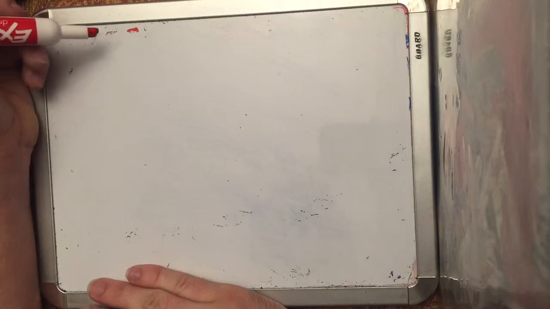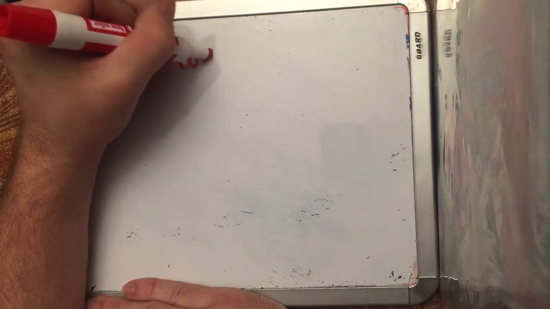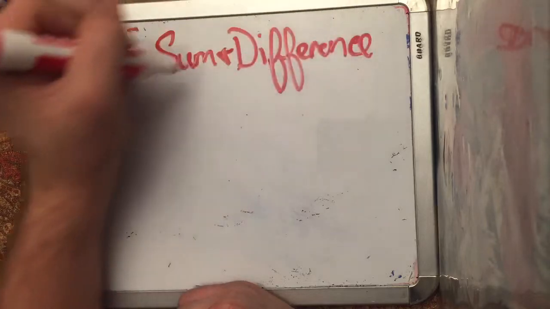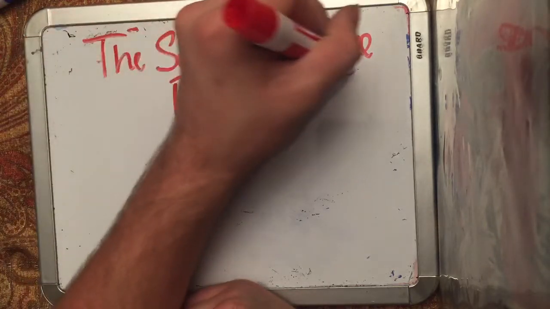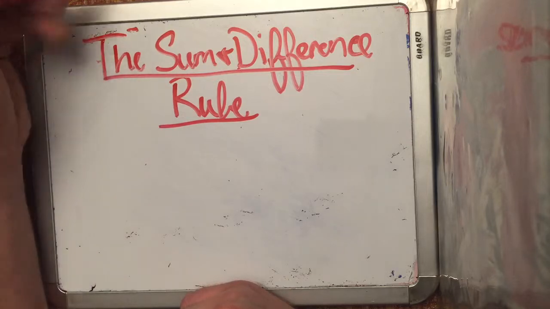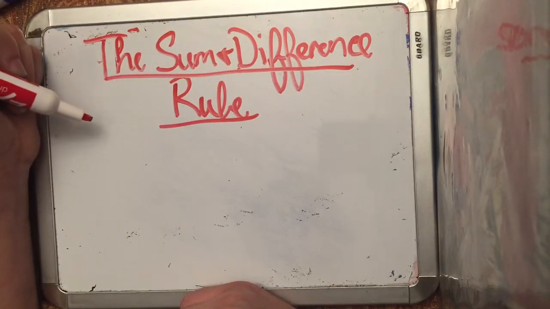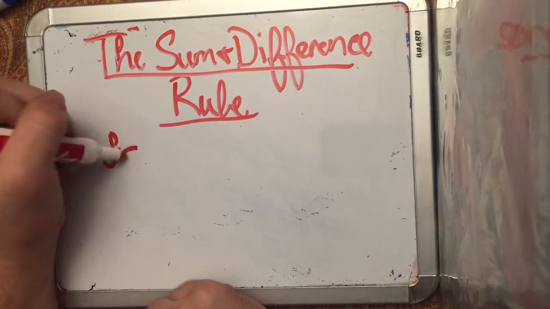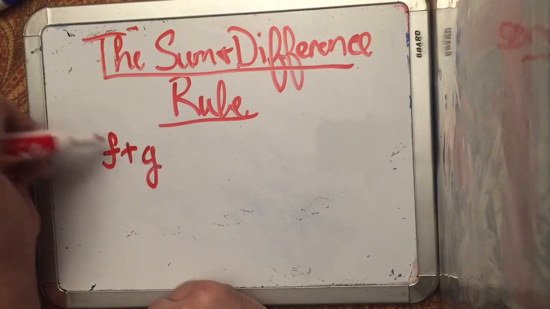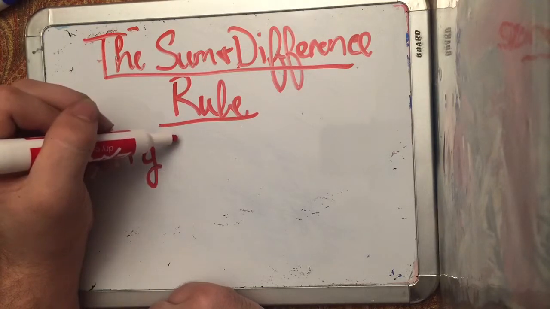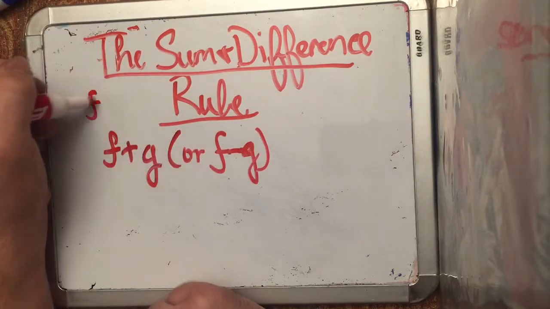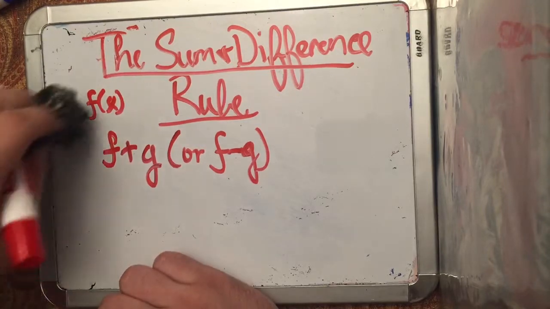Last but certainly not least is the sum and difference rule. And this states that for any functions f plus g or f minus g, and this can also be written like that, but we're leaving out the x's.